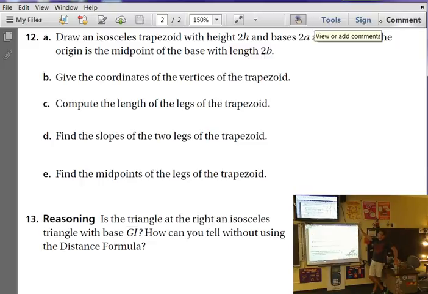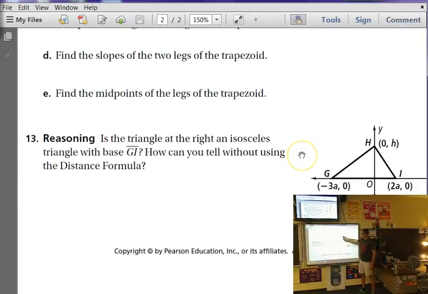So what is the change in x of that sloped line? How far does that run horizontally? B minus a, right? So to find the midpoint, we cover half that distance and half the vertical distance. So I know that the y coordinate for the midpoint is going to be h. That should be fairly straightforward to find.